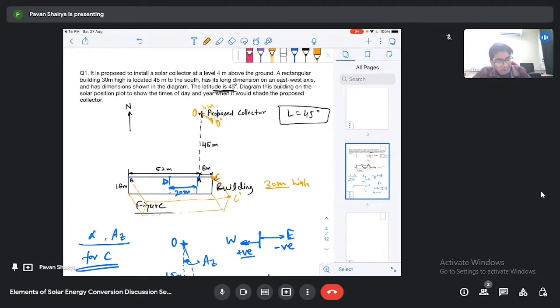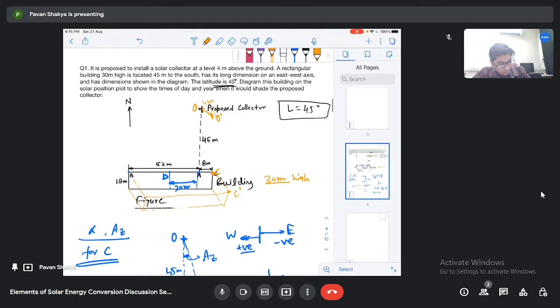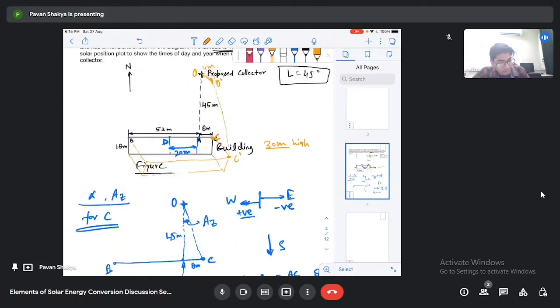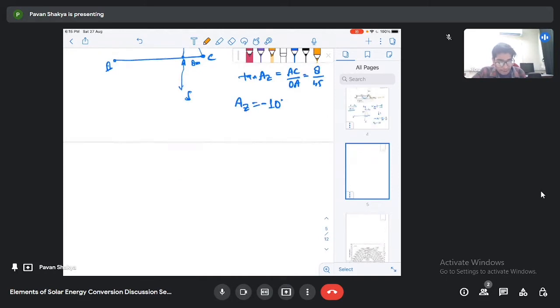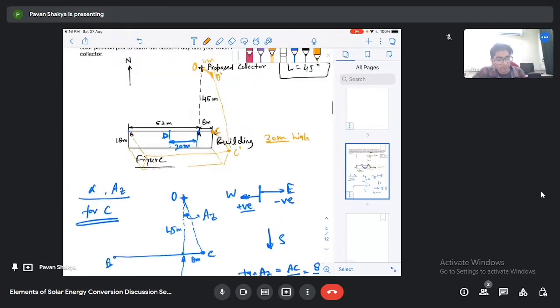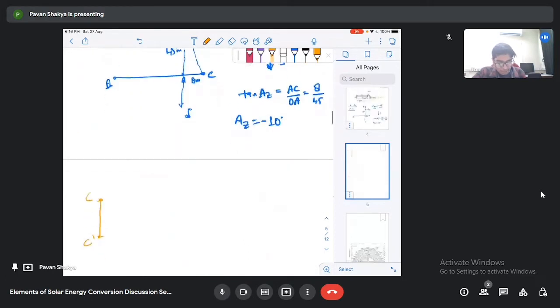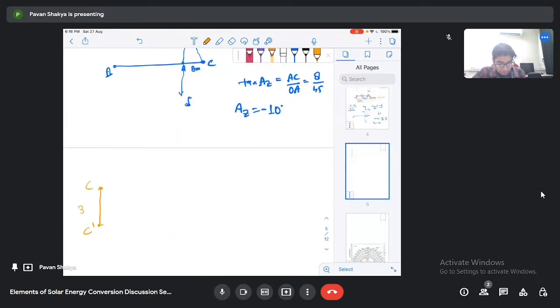Now you will see that this O dash C dash will be the distance between the proposed collector and the building. If you see it from the side view, this one is our C dash, this is our C, and the height of the building is given as 30 meters.